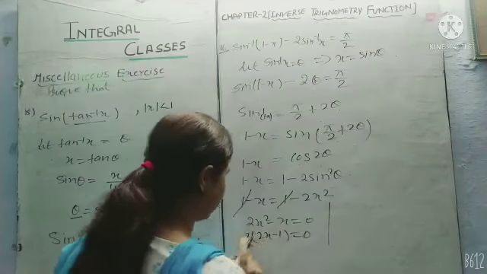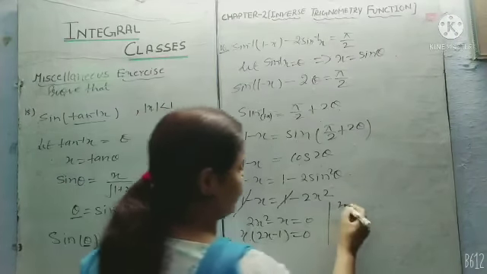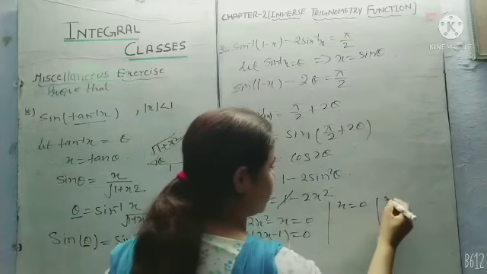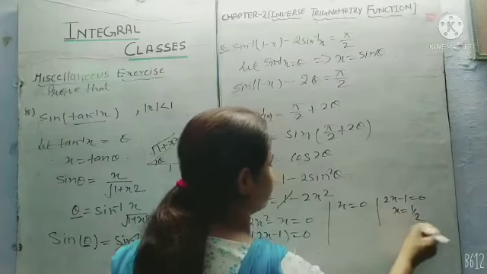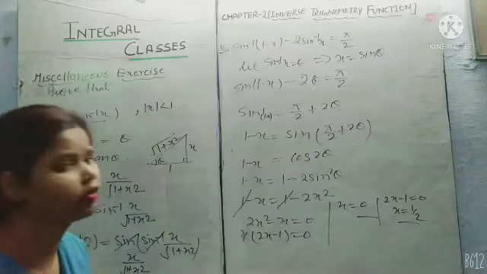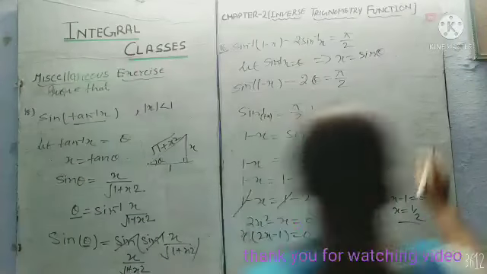Then we will get x equals 0 and 2x minus 1 equals 0. So x equals 1 by 2. These are the two values of x we will get here.